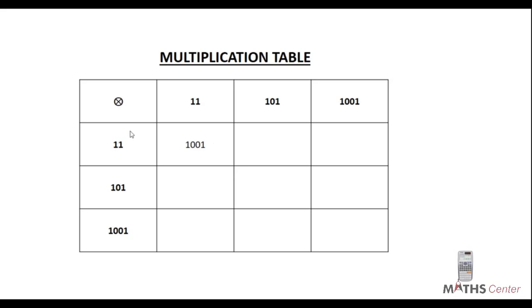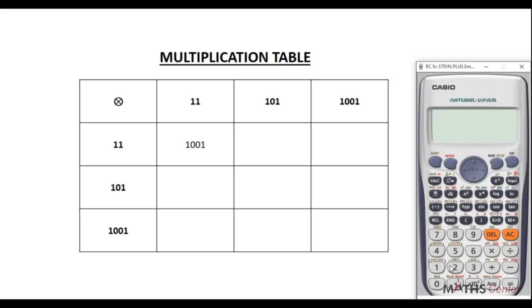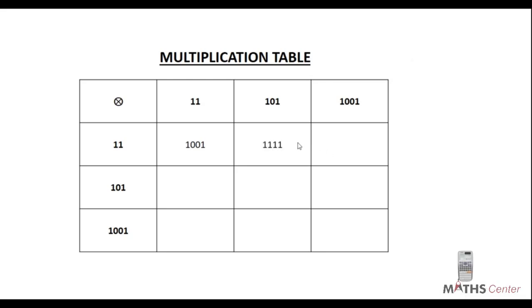Then we are going to have 1 times 101, and that will give us 1111. So 1111. So if you do 1 times 1001 here, you are going to have 11011. We have here 101 times 11 give us 1111.